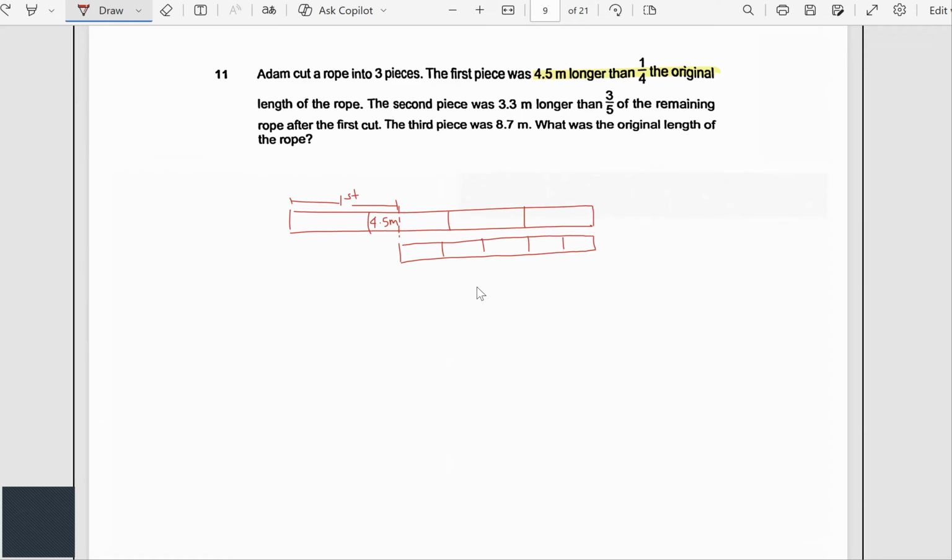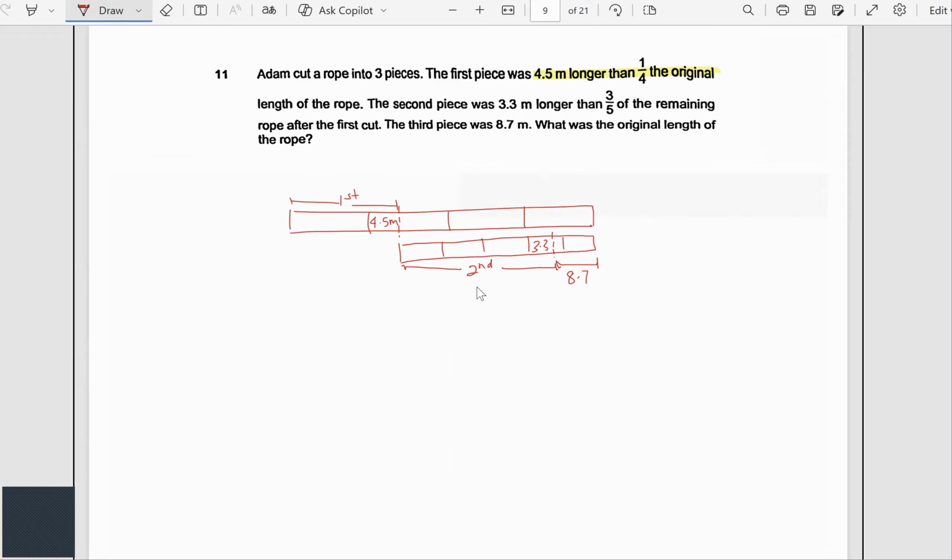So 3 units, and then this part here is 3.3 meters. Okay, this is for the second piece. Third piece, 8.7. So this is 8.7.